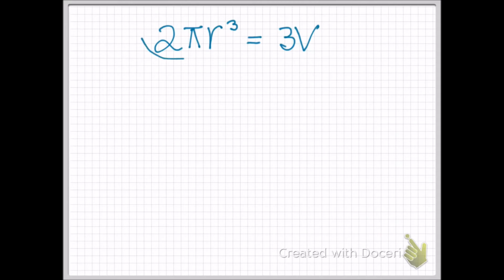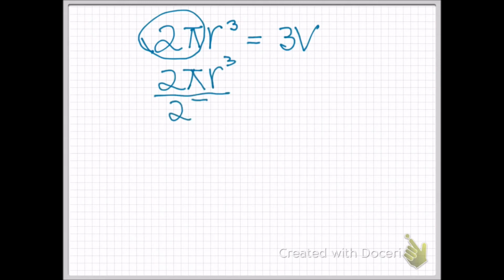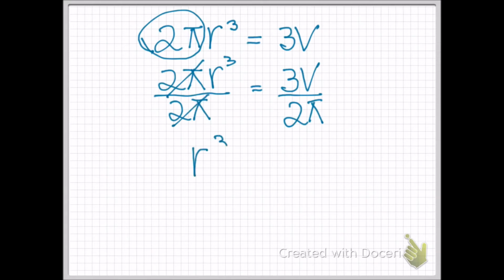Next, we want to get rid of the 2 pi. So we divide both sides by 2 pi. This leaves us with r cubed is equal to 3v over 2 pi.